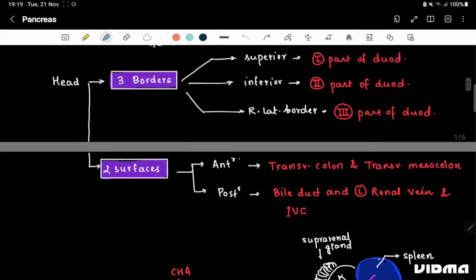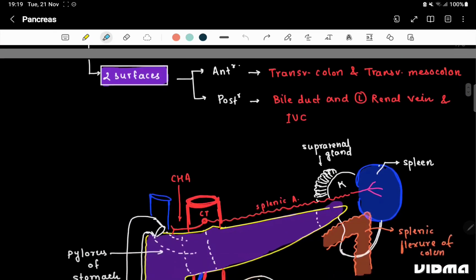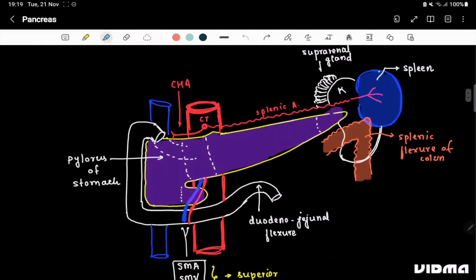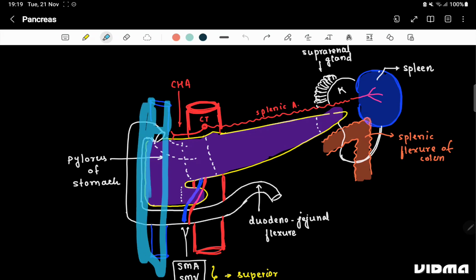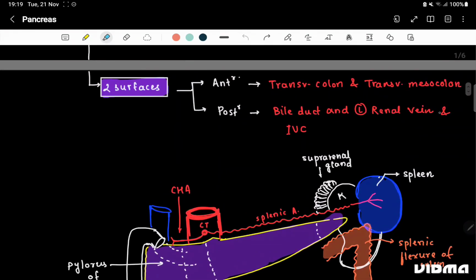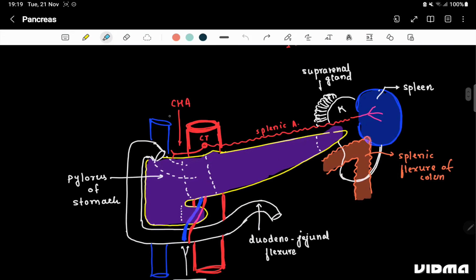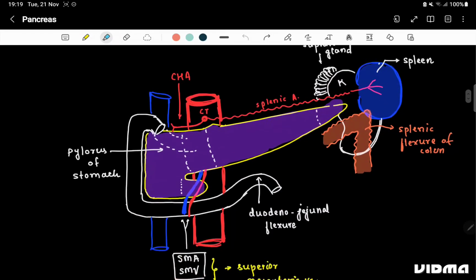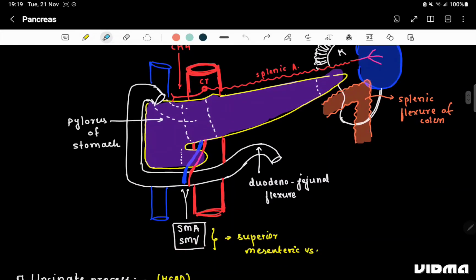Afterwards, the posterior relation is the bile duct, left renal vein, and IVC. You can see all these things. Here the bile duct is not drawn. You can see your IVC present over here, and your left renal vein may be present. The kidney must be present, and the left renal veins, and these are also present.